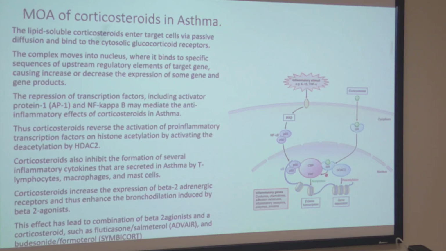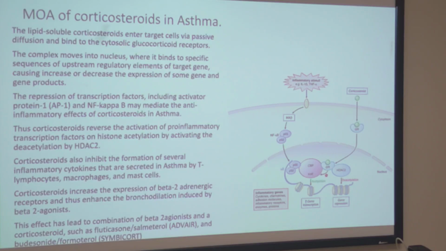Then there is another gene expression which I would like to touch on here. Corticosteroids increase the expression of beta-2 adrenergic receptors. Remember, if you hit it with a corticosteroid, beta-adrenergic receptor expression will go up in the bronchial tissue, in the lung, resulting in more receptors on the bronchial wall surface, or also on the blood vessel surface.